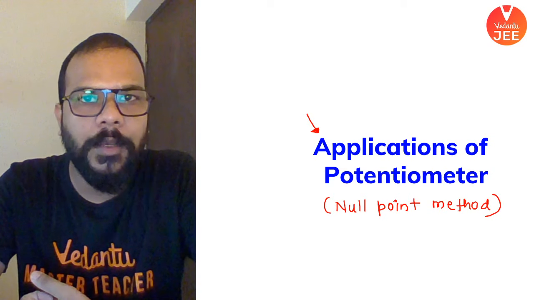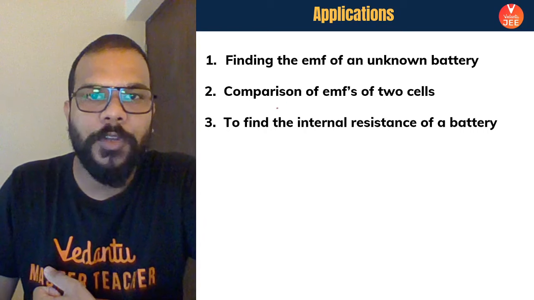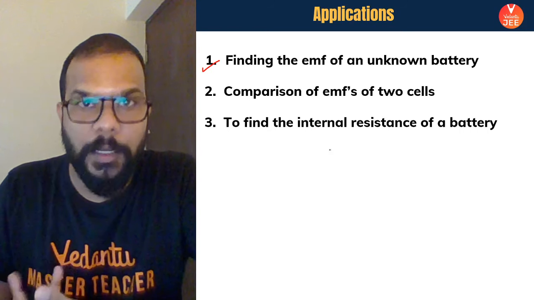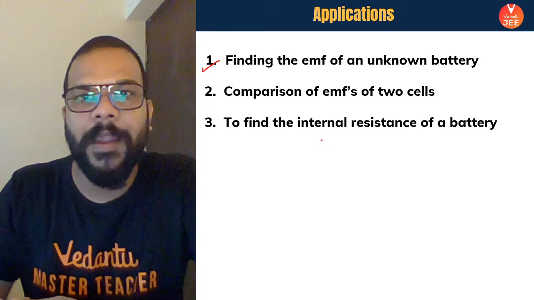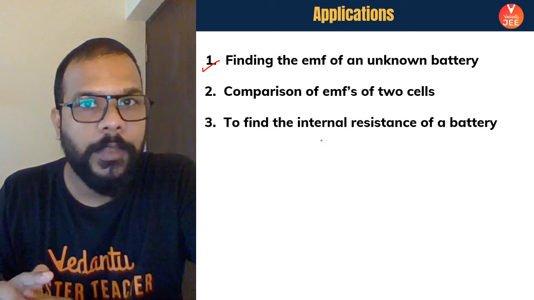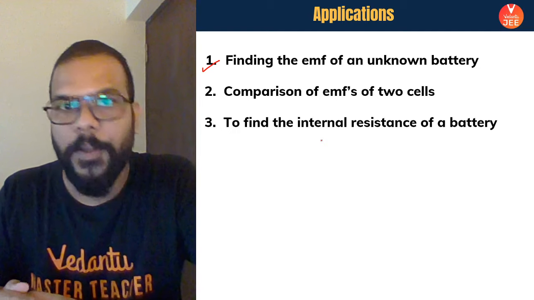So let's see the main applications that we are going to study here. Basically there are three applications. First is to find the EMF of an unknown battery. Say in your house you have a battery which you have kept for a long time, but now you are not aware whether you can use it for a particular voltage requirement.